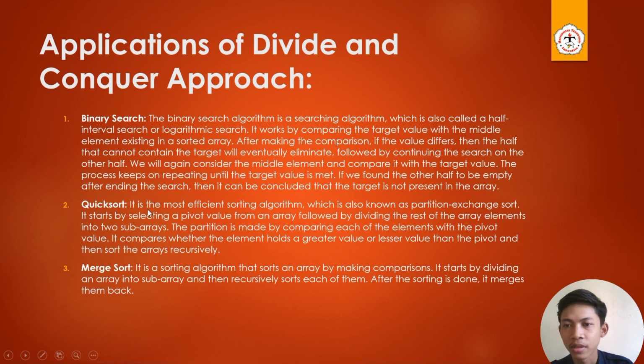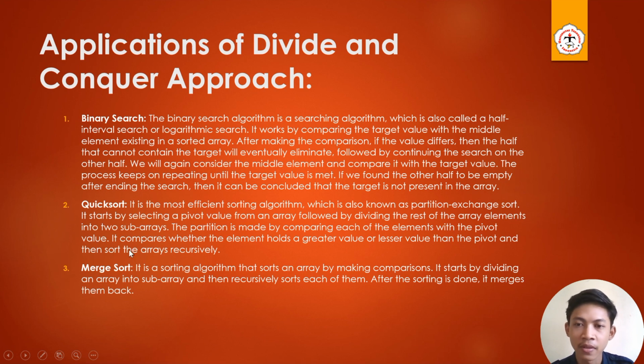2. Quick sort. It is the most efficient sorting algorithm, which is also known as partition exchange sort. It starts by selecting a pivot value from an array, followed by dividing the rest of the array elements into two sub-arrays. The partition is made by comparing each of the elements with the pivot value.